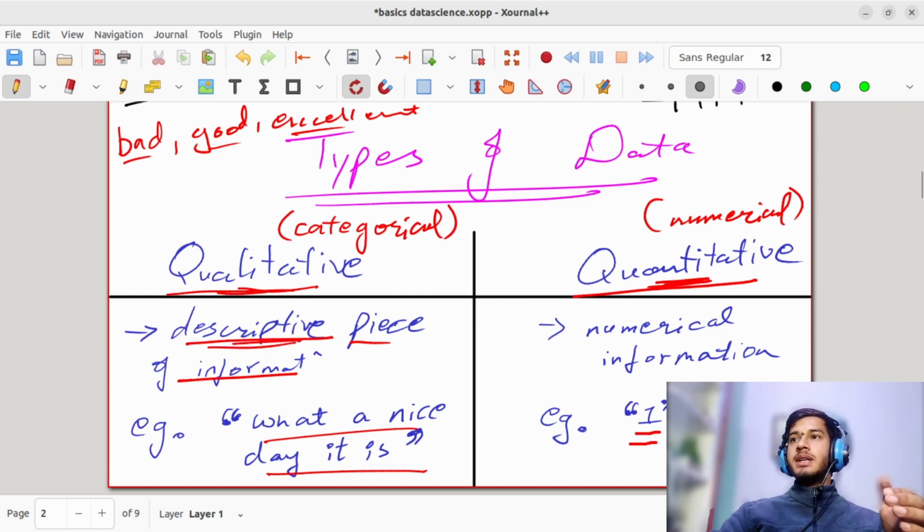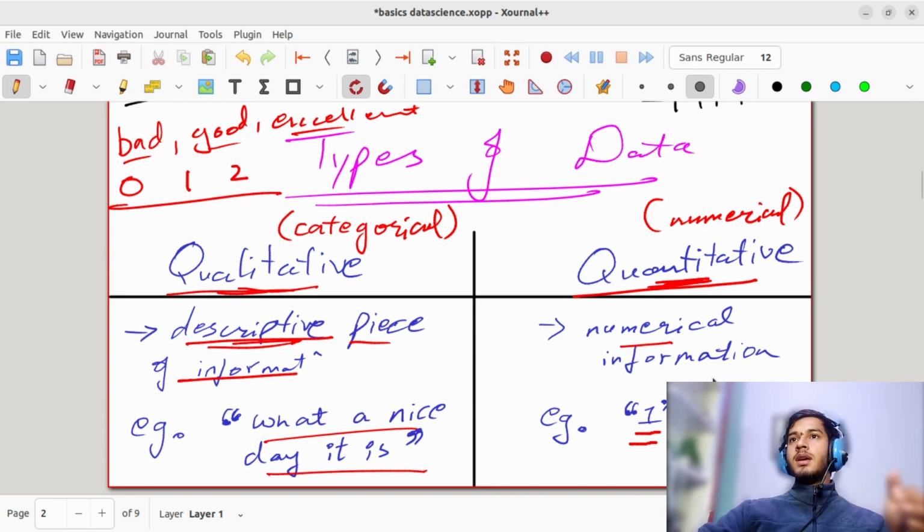It is a descriptive piece that describes the data. If I talk about numerical data, suppose I convert this into numbers: for bad I will use 0 as a notation, for good I will use 1, and for excellent I will use 2, right? So now what kind of data is this? This is quantitative data.